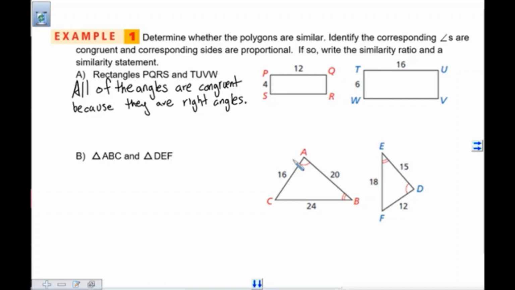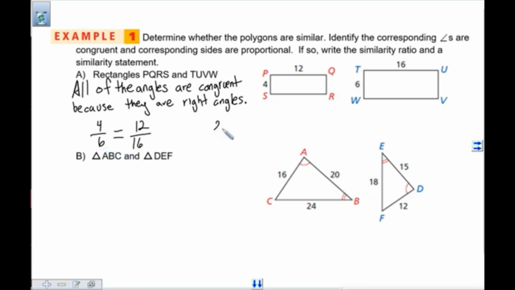Then we need to look and see if our sides are proportional to each other. So 4 matches up with 6. 12 matches up with 16. Are these equal? What does 4 over 6 reduce to?